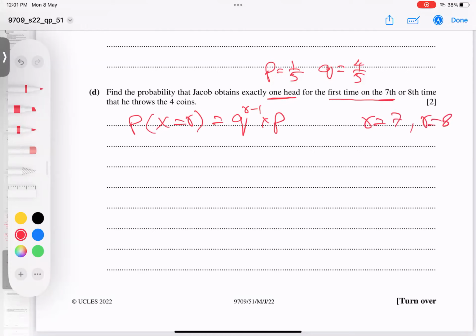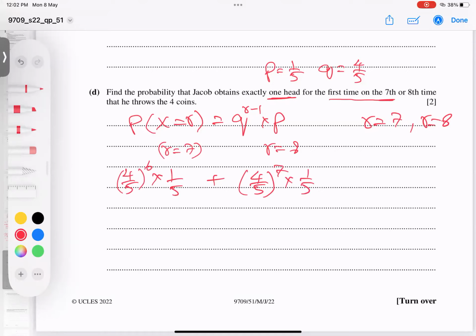So I will plug in 7 in the place of r. So 7 minus 1, it is very clear. So Q is 4 over 5, this 7 goes here, 7 minus 1, 6, into 1 over 5. This is coming for r equal to 7. And now I talk about r equal to 8. So 4 over 5 to power 7 into 1 over 5.